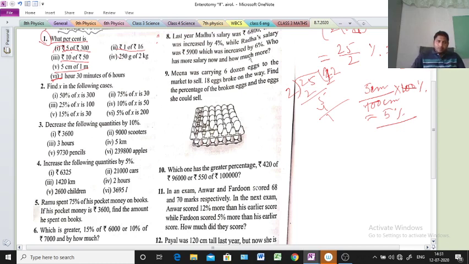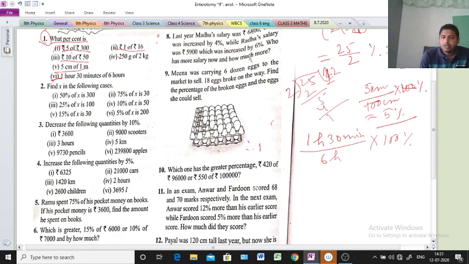Clear? Okay, see, so we'll write here 1 hour 30 minutes in the numerator and 6 hours in the denominator, into 100%. That is the concept. First we'll write: therefore required percentage.